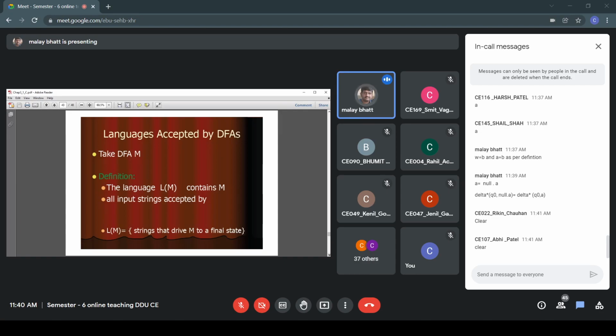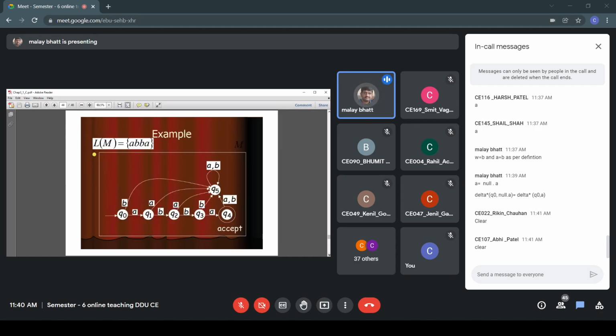The strings which reach a final state are part of the language. If you find all the strings accepted by the machine, they will form a pattern, and that is known as the language accepted by the machine.